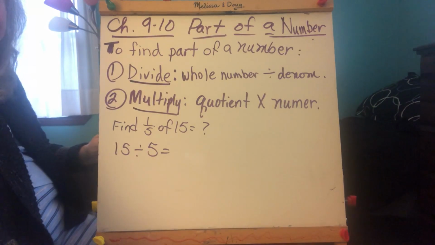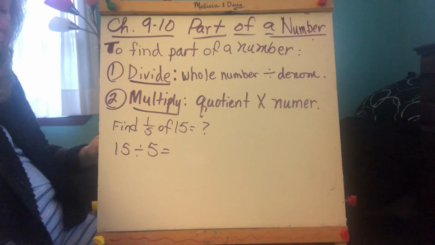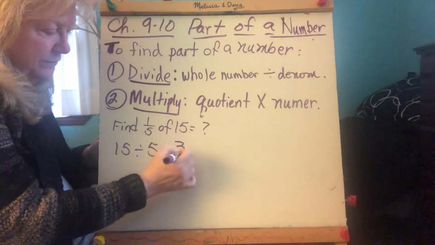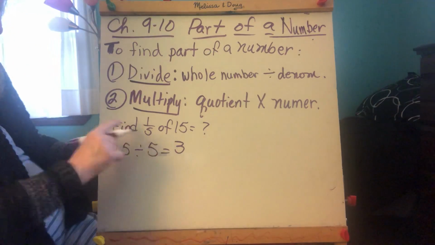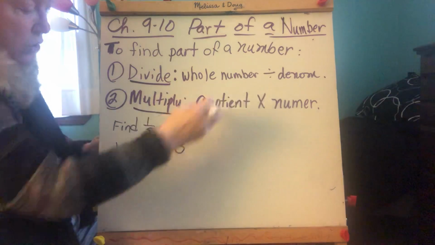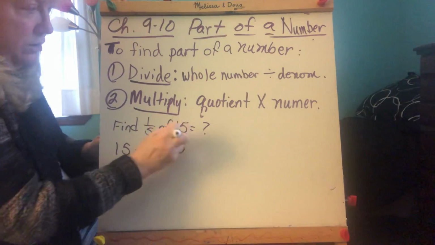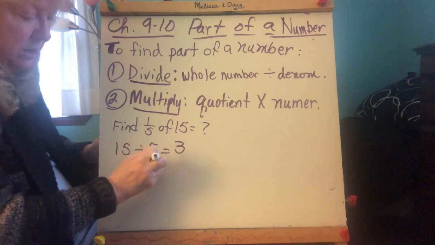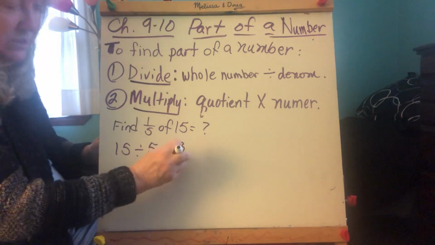So if you don't remember your 5 times tables, you could use a turnaround fact, and you could say what number times 5 equals 15, and the answer is 3. So that's step 1. Divide your whole number by your denominator.